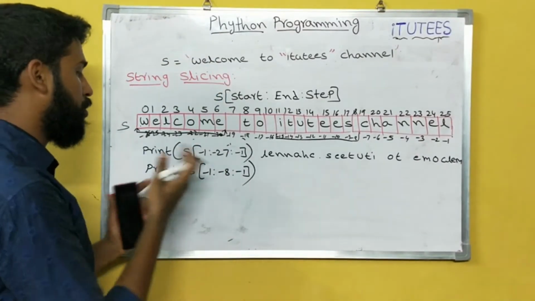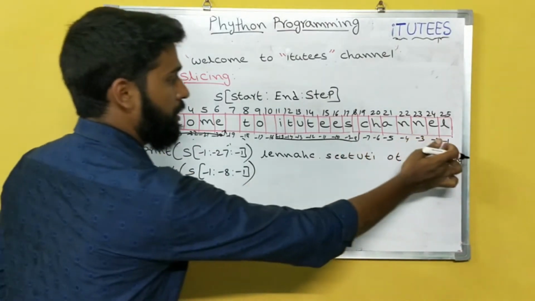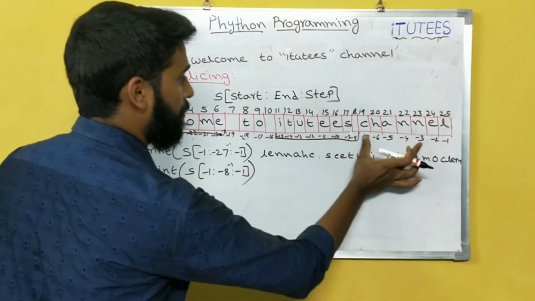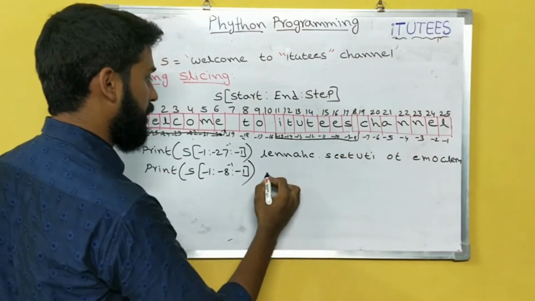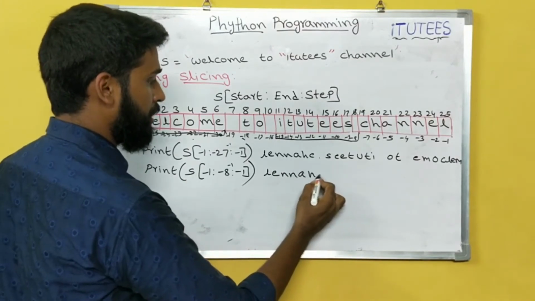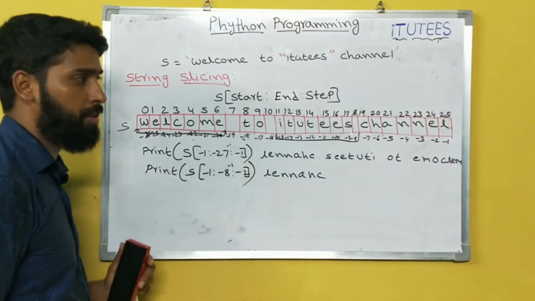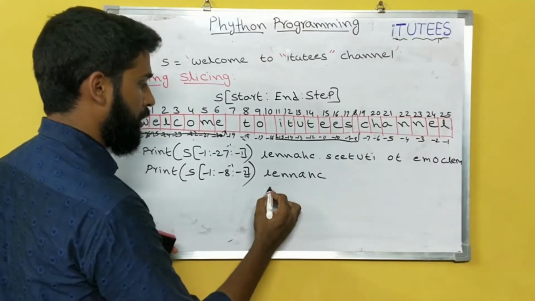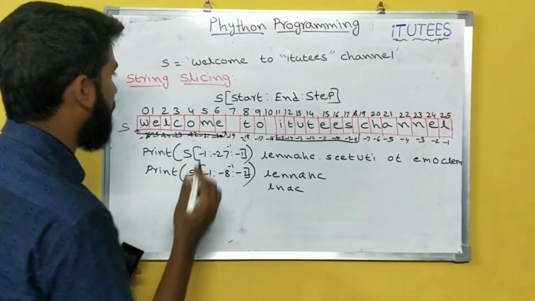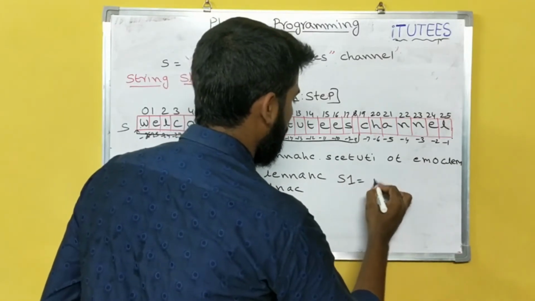Now you can see what is the output for this instruction. -1, that means it prints from -1, up to -7, up to here. So that means it prints LENNAHC. If I give step 2, what is the output? It prints LNAC. For example, I am taking S1 equals to ITUTEES.